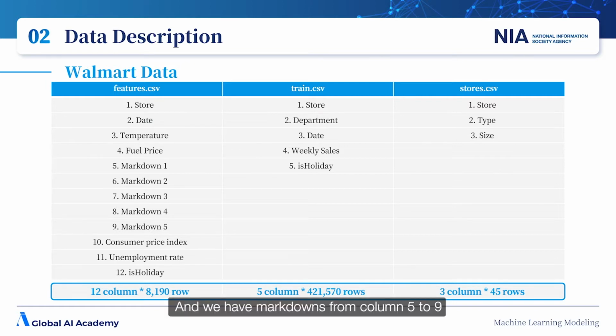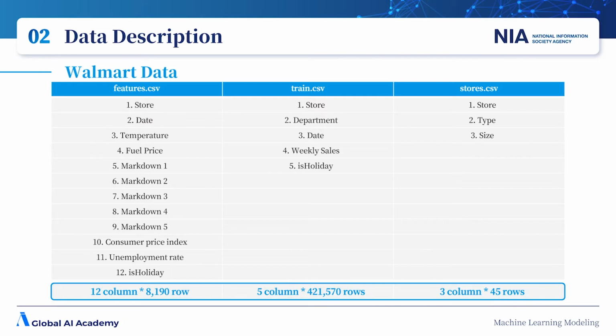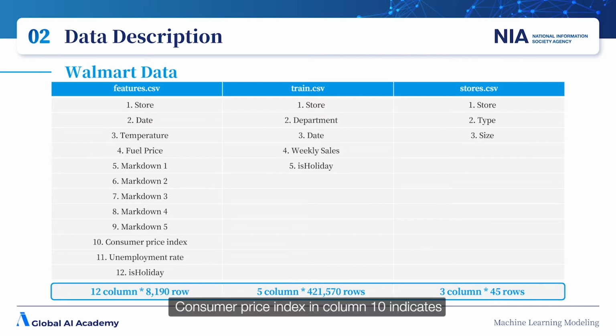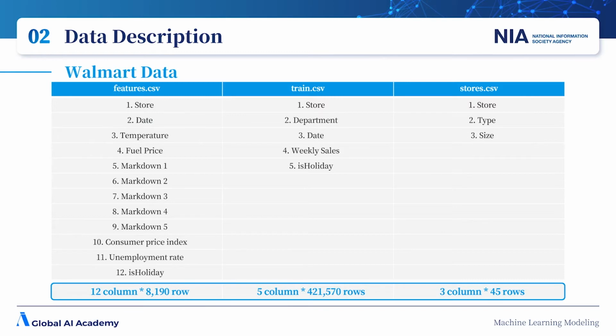And we have markdowns from column 5 to 9, which contain the data of promotional events that each store held. Consumer Price Index in column 10 indicates the price ranges of daily necessities. Column 11 is the unemployment rate.